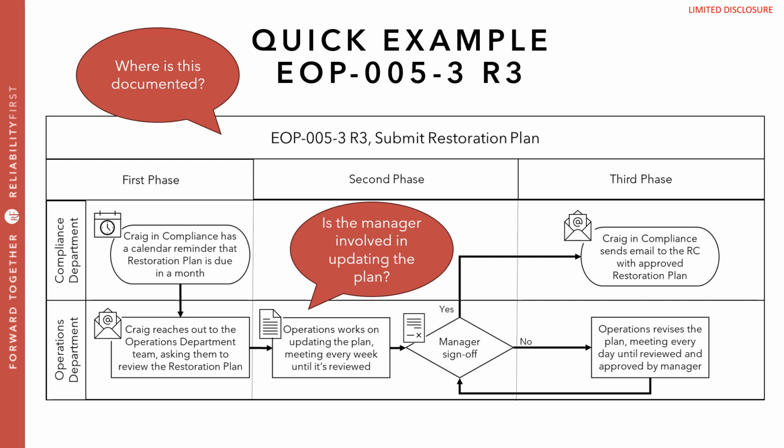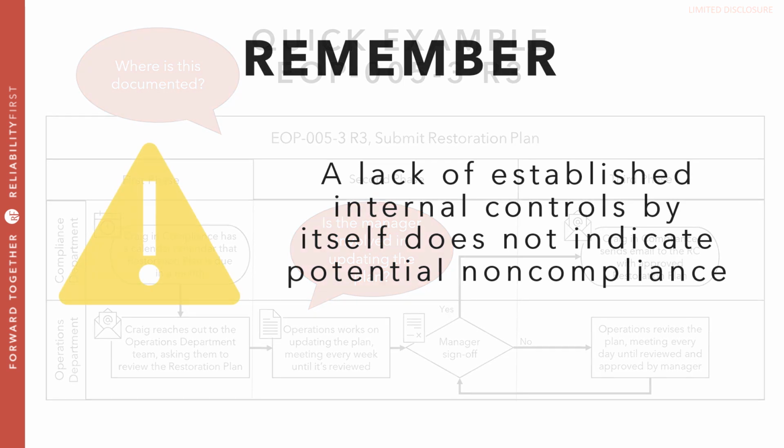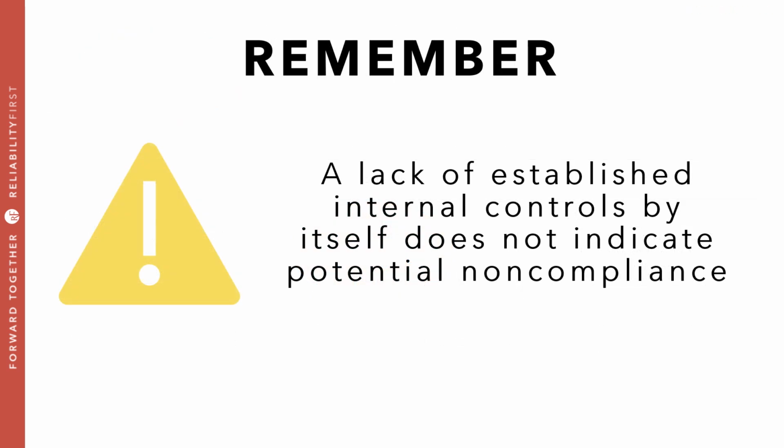Sometime later, we receive word that the fictional audit team has come up with conclusions. And before we read them, just a reminder. Internal controls, whether they're lacking entirely or poorly designed or poorly implemented, does not mean you get a violation or a potential non-compliance.